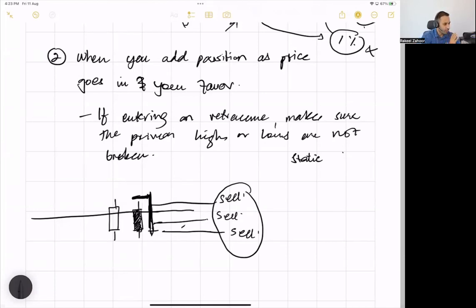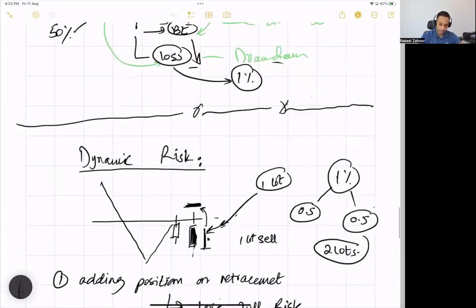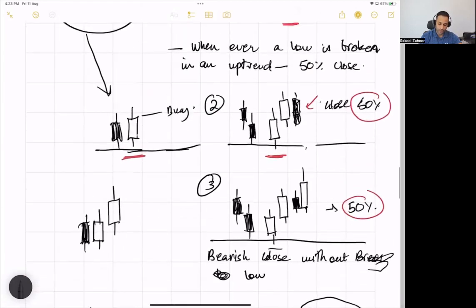So any questions so far on dynamic risk and static risk? It's very simple. Static risk, you're taking risk off of a position as the candle closes against you. That's it, right?